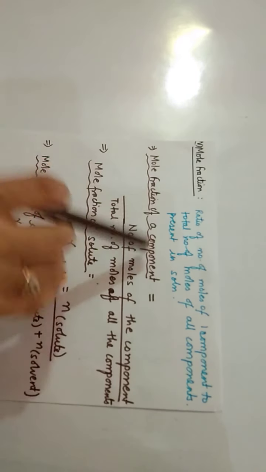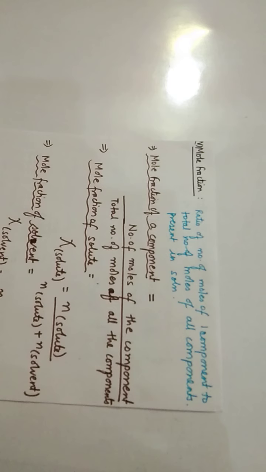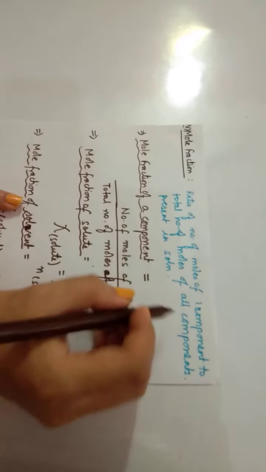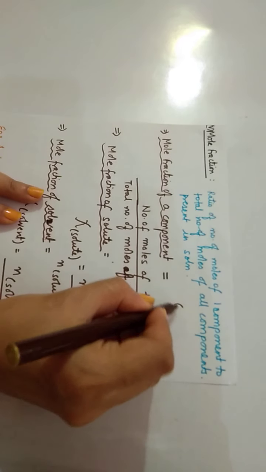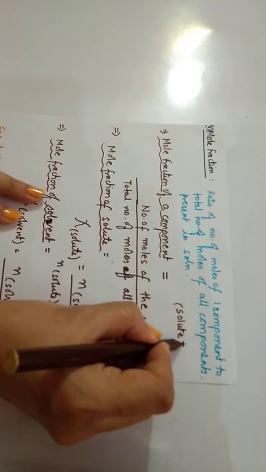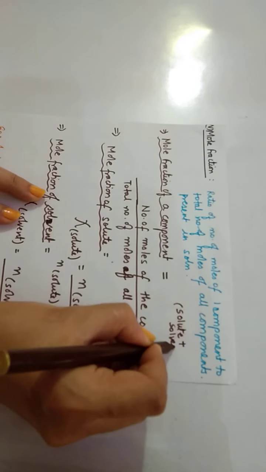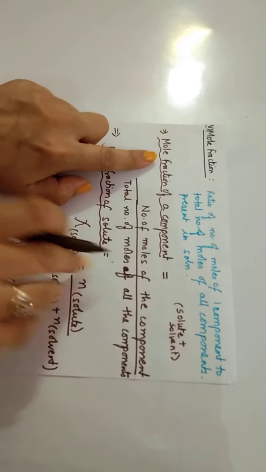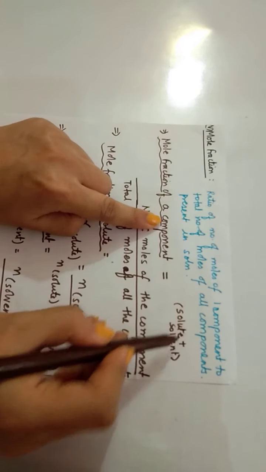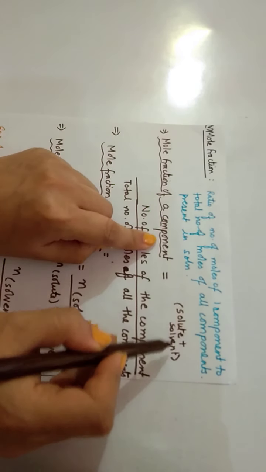So what is the mole fraction of a component? As you know, we are talking generally about solutions. A solution is made by mixing a solute and a solvent. Suppose you need to find out the mole fraction of a component. A component can be a solute or it can be a solvent.